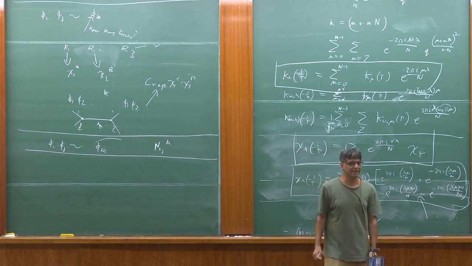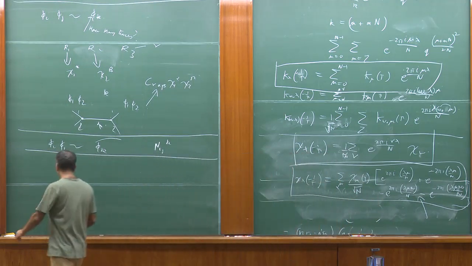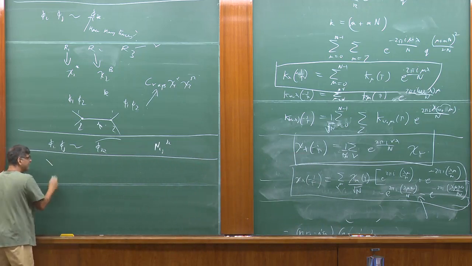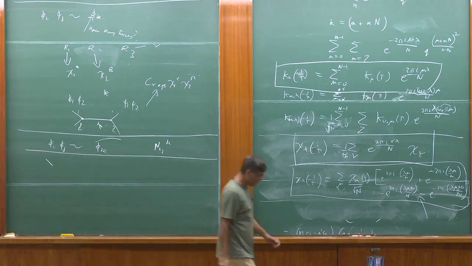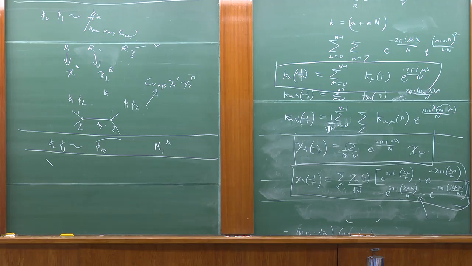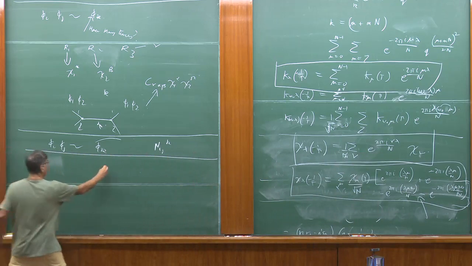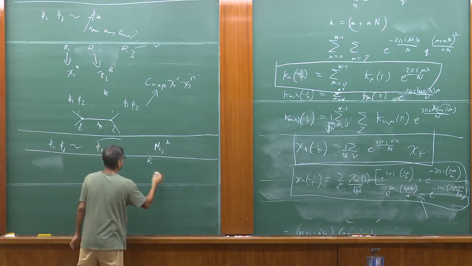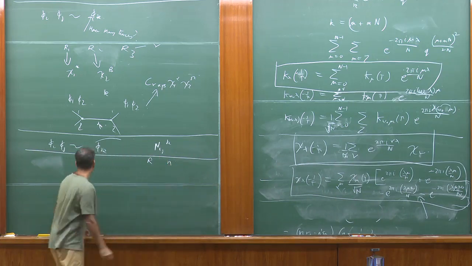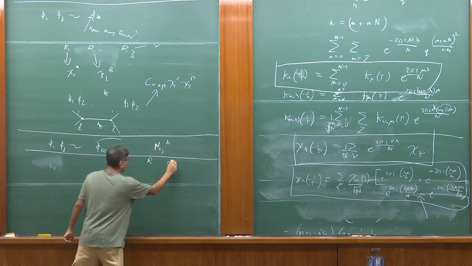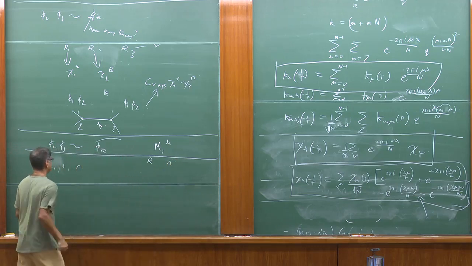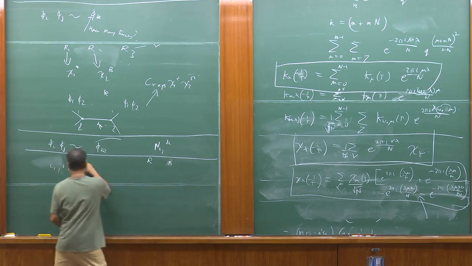Now, let's go back to group theory and ask, suppose I'm interested in the following question. How many different ways are there of producing representation N out of the fusion of I, J, and M?